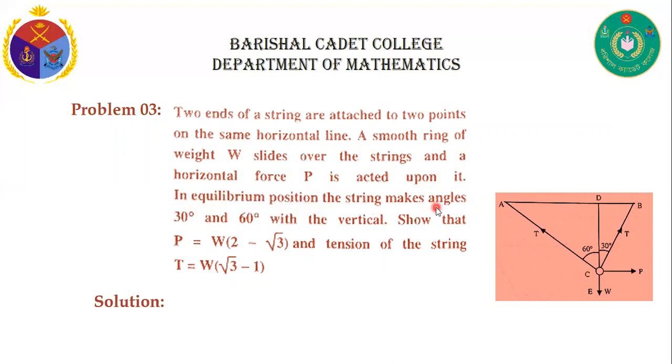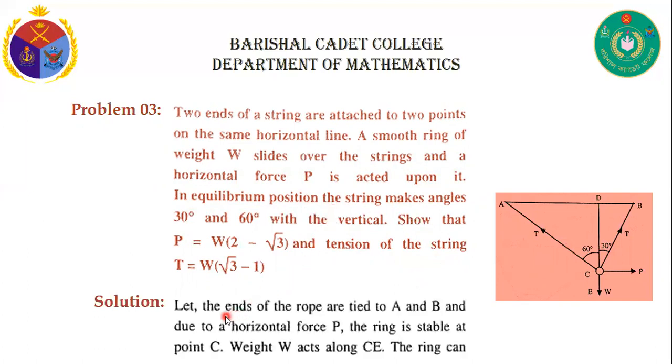The string makes angle 30 degree and 60 degree with vertical. Show that the force P equal to W into 2 minus root 3 and tension of the string T equal to W into square root of 3 minus 1. So that's a really tough question, and you listen carefully, boys.